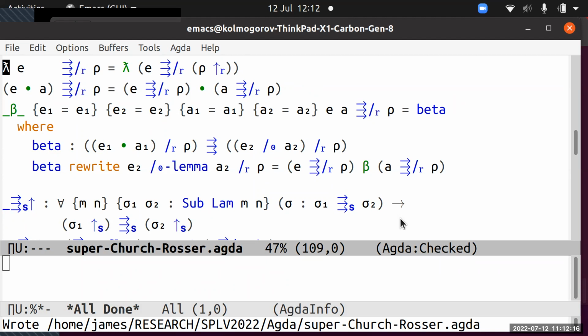It rewrites. So here is a term, and it's a term written in mixed-fix notation, but I can tell you that that term built out of those pieces is a proof of an equation.